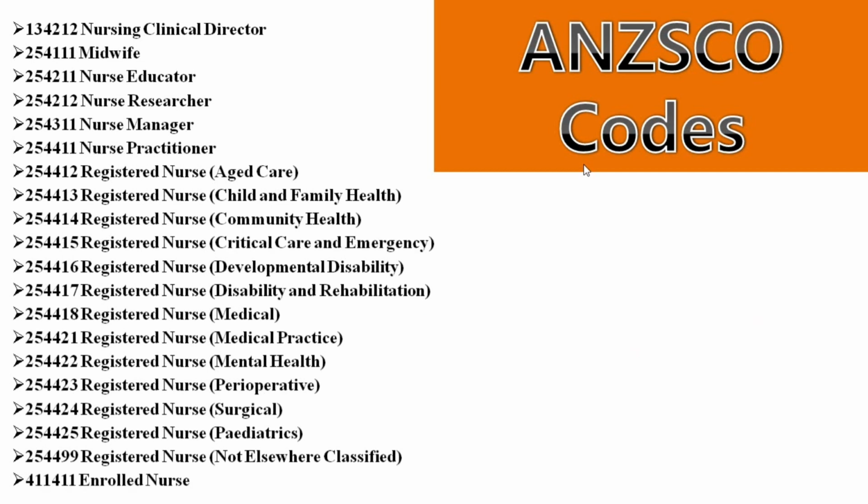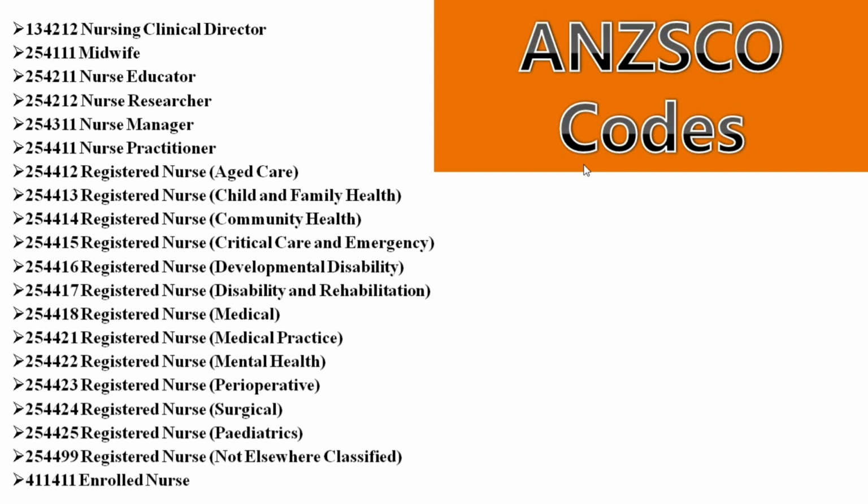The ANZSCO code list specifies each nurse under a different category. So there is nursing clinical director, midwife, nurse educator, nurse researcher, nurse manager, nurse practitioner. Then registered nurse in aged care, child and family health, community health, critical care and emergency.